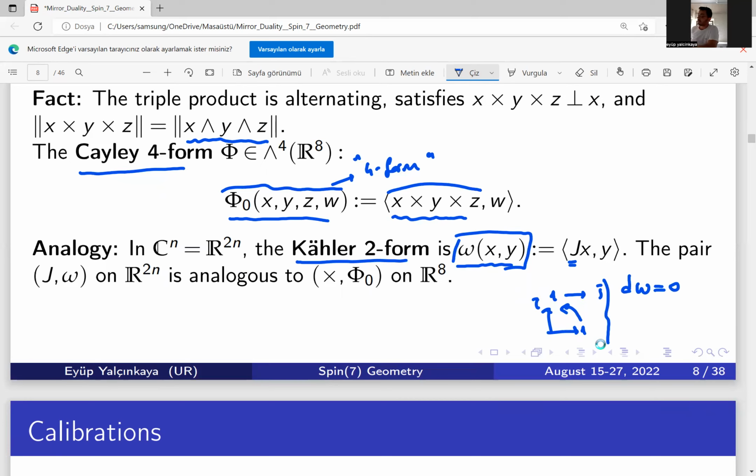This is an alternating form, and the complex plane has to be preserved. Either dV equals 0, one of them has to be satisfied, or the complex structure has to be parallel.